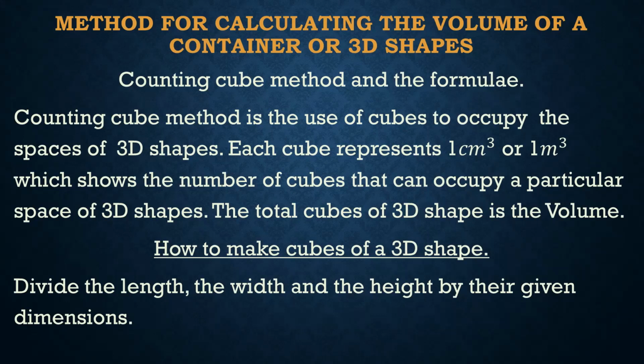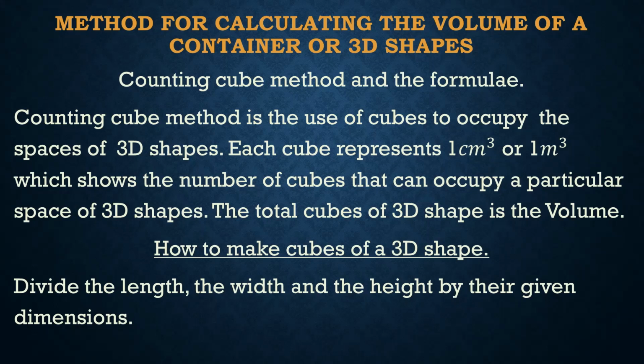The counting cubes method is the use of cubes to occupy the space of 3D shapes. Each cube represents 1 centimeter cube or 1 meter cube, which shows the number of cubes that can occupy a particular space of 3D shapes. Then the total cubes of the 3D shape is the volume.